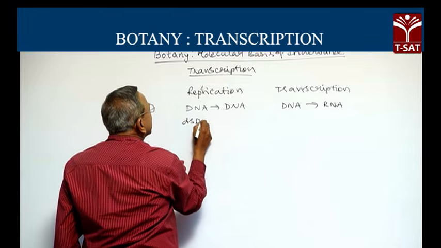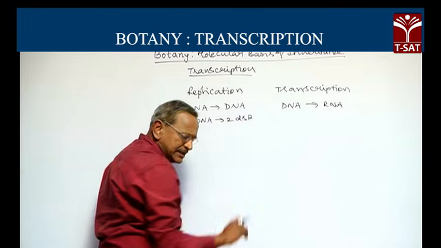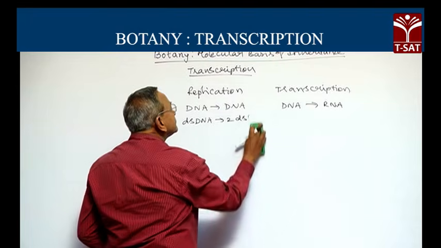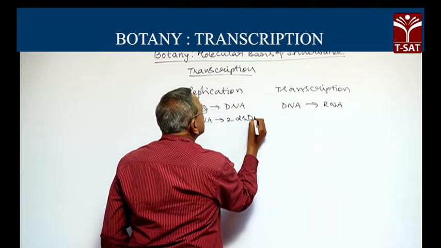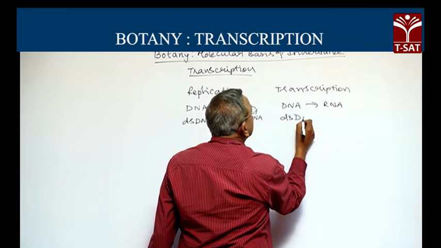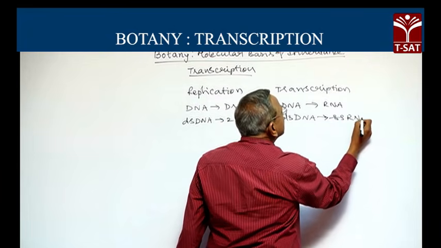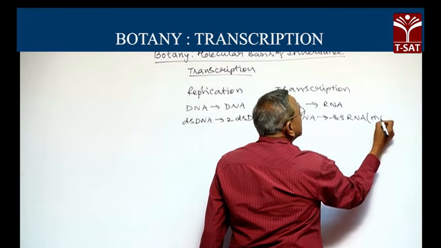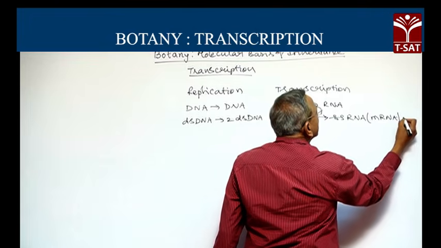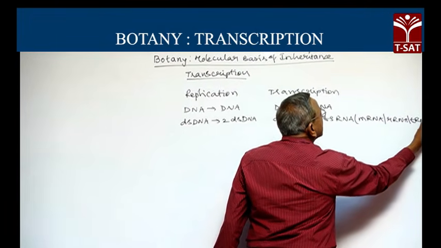DNA is double stranded and it is producing two double stranded DNA molecules. DNA is double stranded, but it is producing ssRNA, and it can be mRNA, rRNA or tRNA.